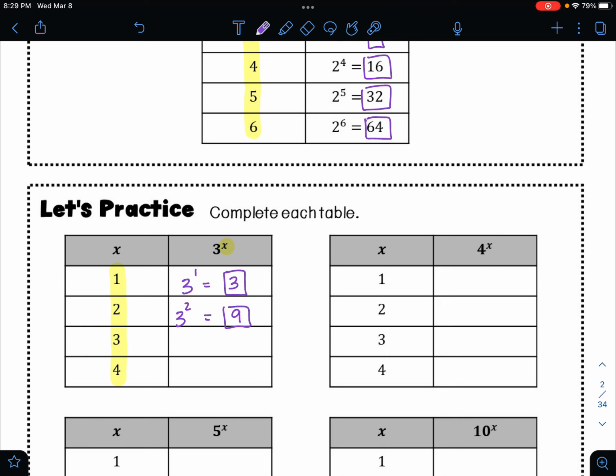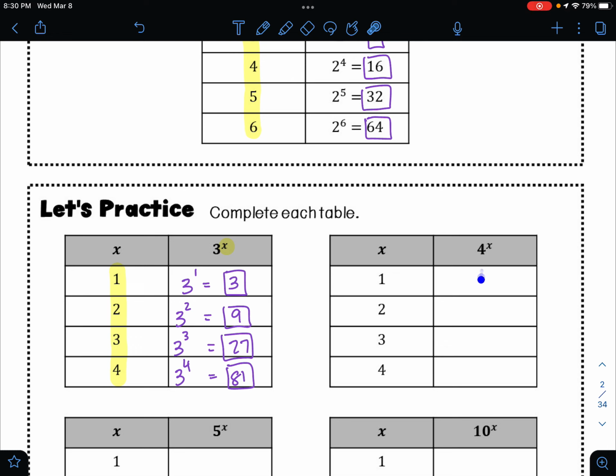And if you're not sure, you can use your calculator. 3 to the third power is 27. And then 3 to the fourth power is 81. And again, if you're not sure about any of these, you could plug them all into your calculator.